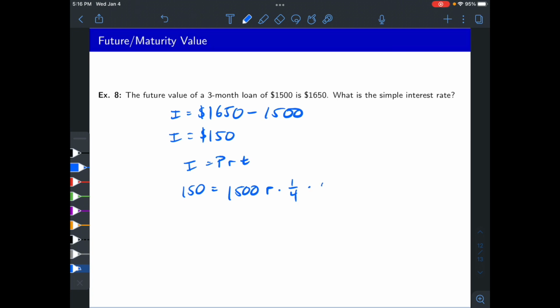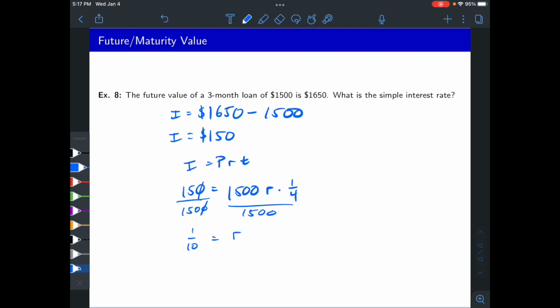So let's first multiply both sides by 4. Is that the best thing to do? I'm actually going to divide both sides by 1500 first. Because 150 divided by 1500, the 15s will cancel, the zeros will cancel. 15 divided by 150 is equal to a tenth.